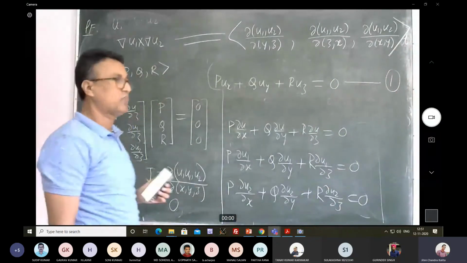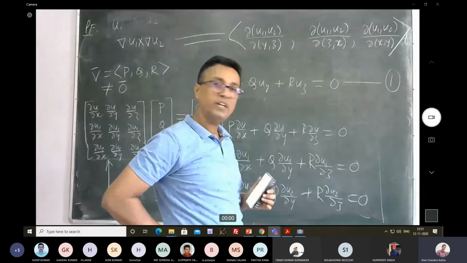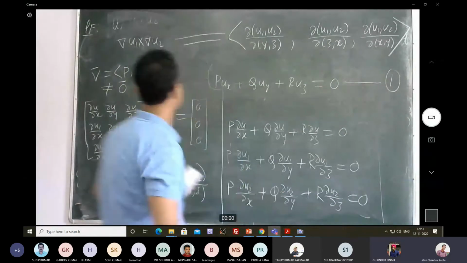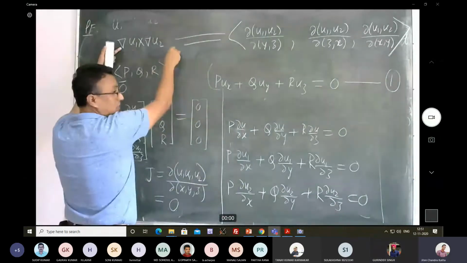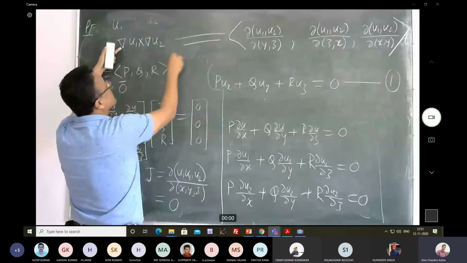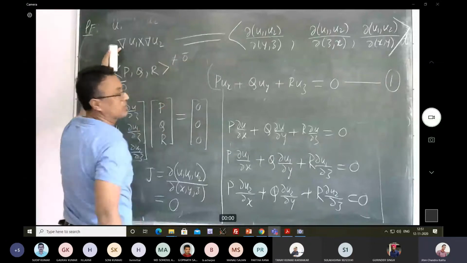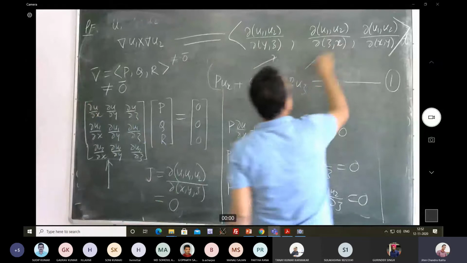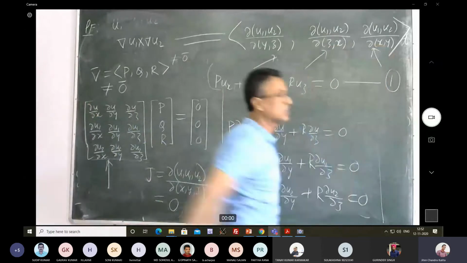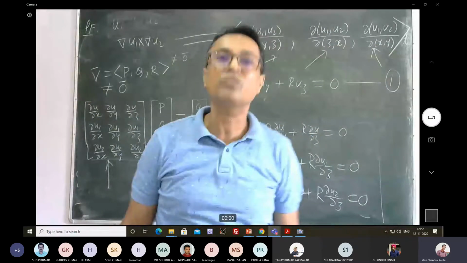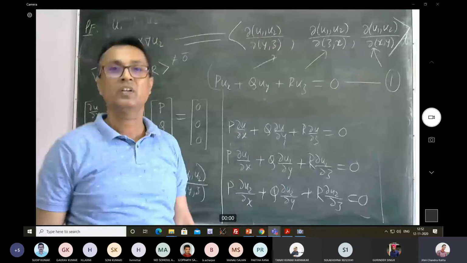We have already done this before. Is it okay? And because they are functionally independent, this is non-zero, so at least one of these three components must be non-vanishing.